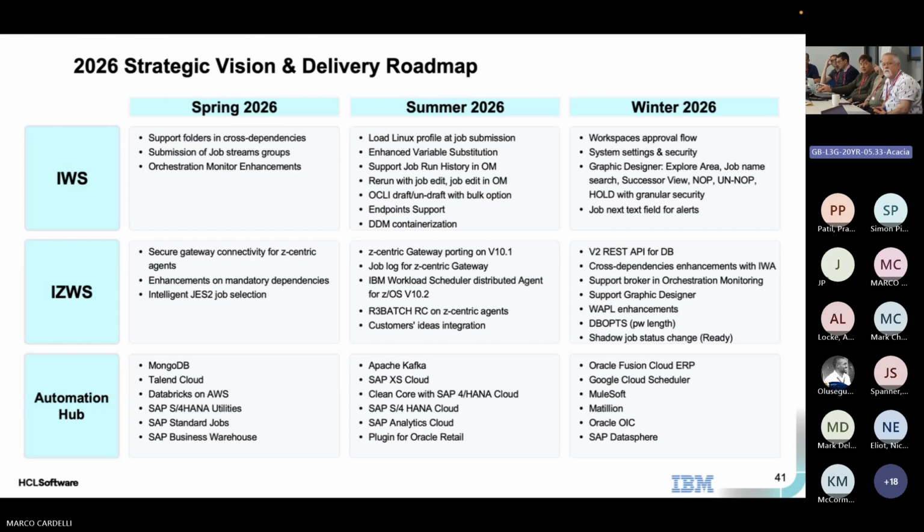Because of a discussion we had earlier, I really want to point out the IWS and the IZWS developers are working on the top two lines, and there's a completely separate team working on the automation hub on all the applications. They are not the same team, so it's not stealing resources. Absolutely, we have a dedicated team for the automation hub.